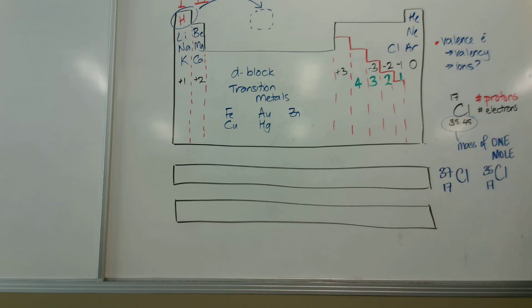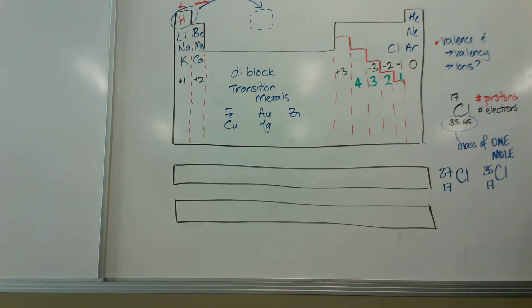This magical number here tells me which one is more abundant. The number is 35.45. Which one is it closer to? The left or the right? The right. Which means, roughly, I think it's about 75% of all chlorine atoms are of this isotope. And only about 25% of all chlorine atoms are this isotope.